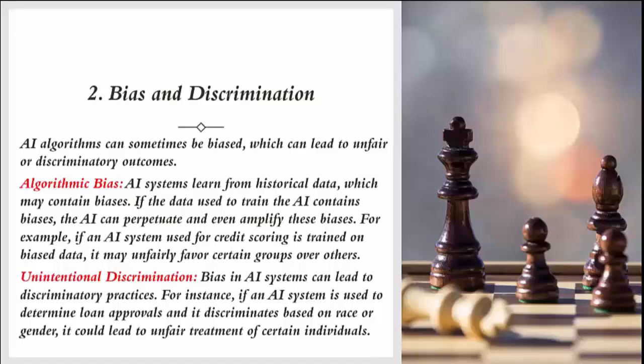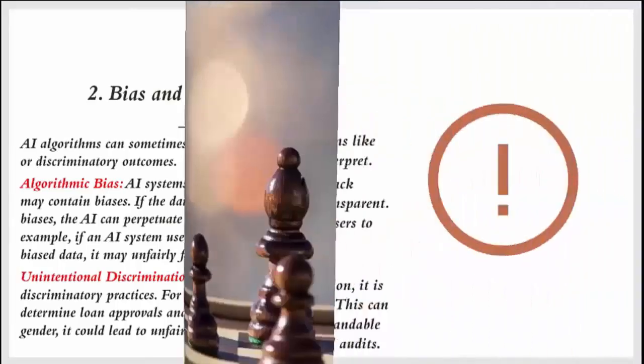For example, if an AI system used for credit scoring is trained on biased data, it may unfairly favor certain groups over others. Unintentional discrimination. Bias in AI systems can lead to discriminatory practices. For instance, if an AI system is used to determine loan approvals and it discriminates based on race or gender, it could lead to unfair treatment of certain individuals.